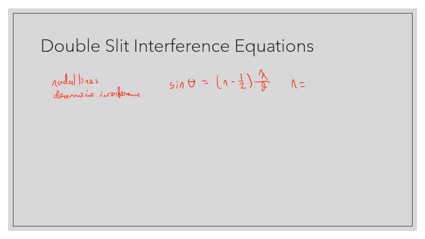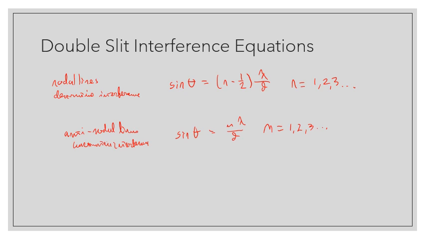So n can be 1, 2, 3, etc. So for antinodal lines, which is called constructive interference, it's given by this equation. Sine theta is equal to m, where m is the antinodal number, times lambda over d. So m is equal to 1, 2, 3, etc. That will be given in the question.